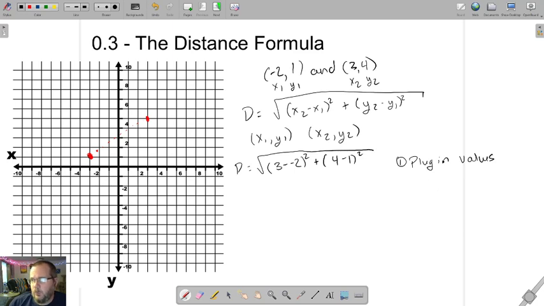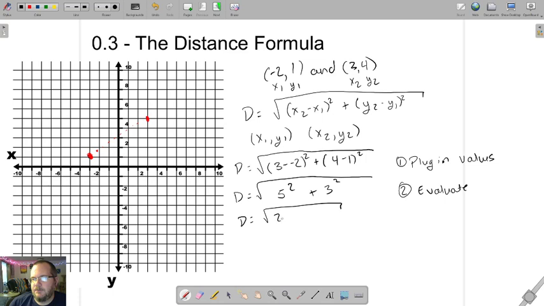Now I'm going to evaluate. So that means that 3 minus -2 is 5 squared. 4 minus 1 is 3 squared. So the distance is going to be equal to the square root of 25 plus 9. So the distance is equal to the square root of 34.